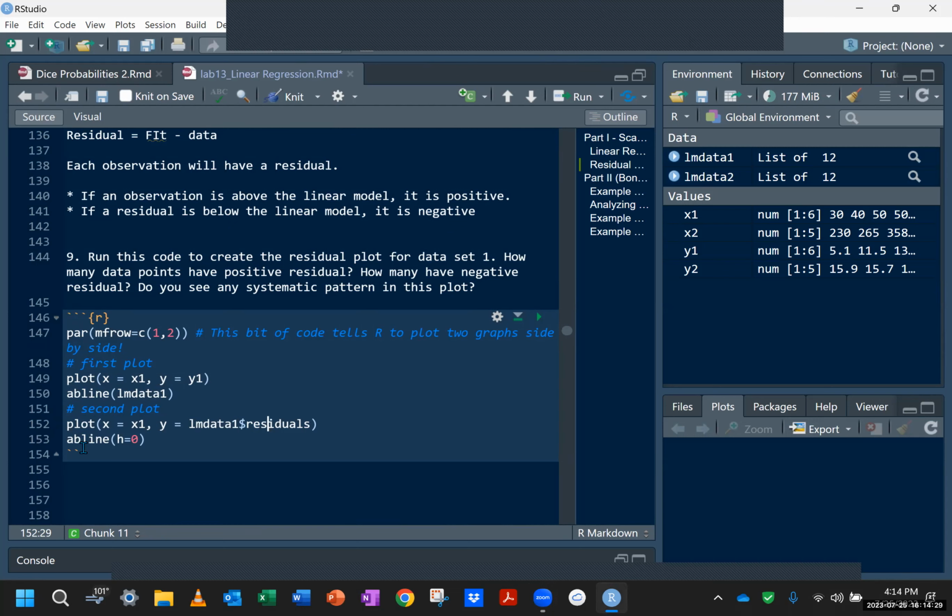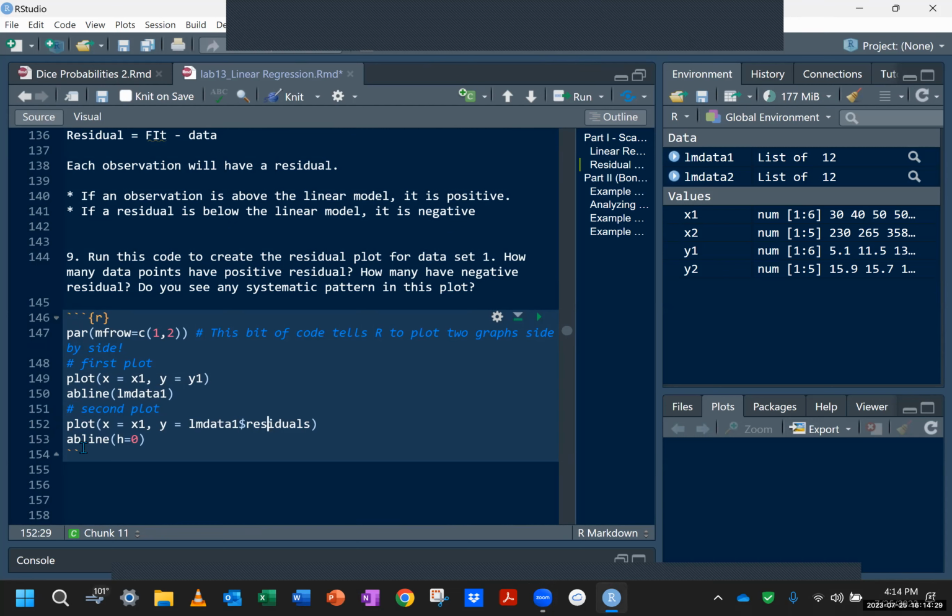So you can do the same for data set 3. If you need to see that, we're just changing x2 to x3, y2 to y3. We're using our linear model data set 3, which you should have made in the previous problem. Okay, so last question of this video is we're going to look at this special data set that doesn't fit our conditions.